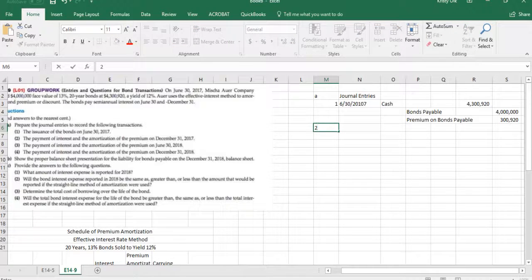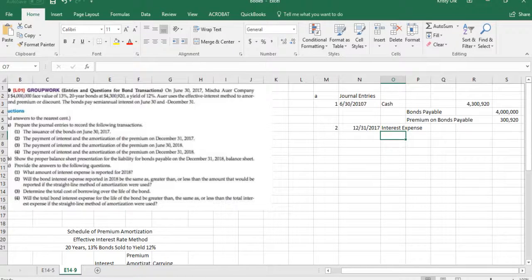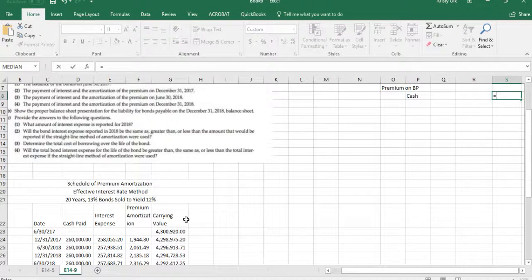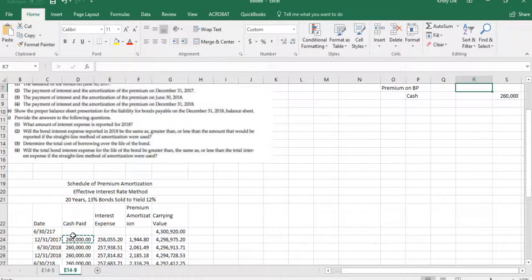So the payment of interest and the amortization of the premium on December 31st, 2017. So we know that there is an interest expense because this is our regular semi-annual interest payment. We have a premium on bonds payable that is being amortized, and we have cash out. We already have determined cash out is $260,000.